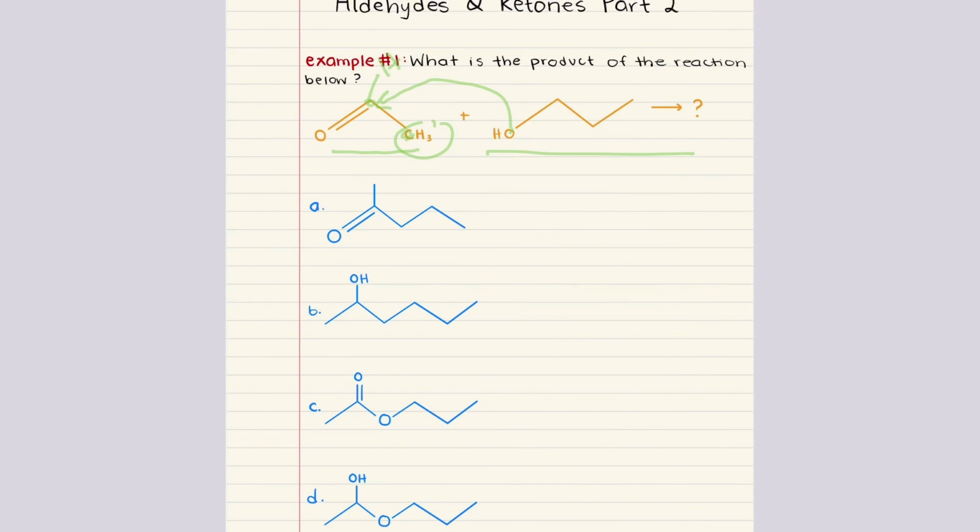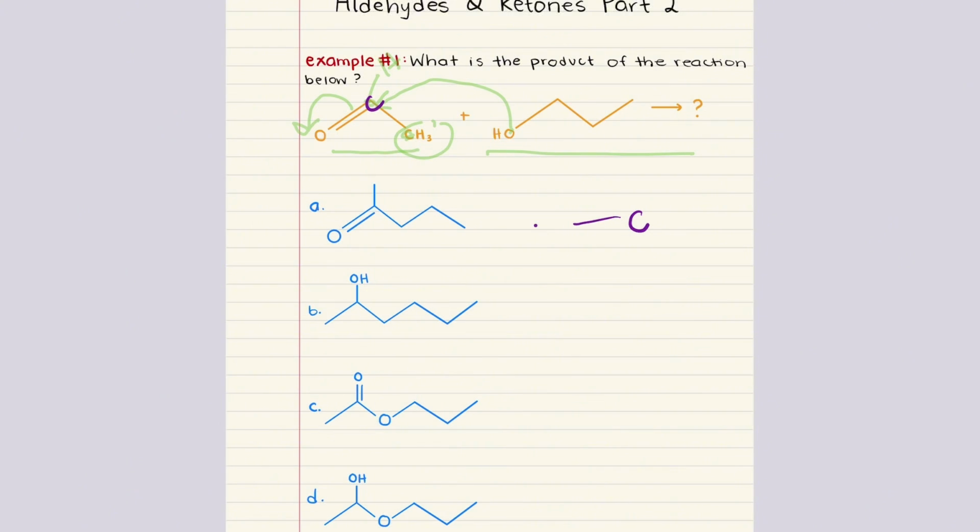This breaks the pi bond of the carbonyl, and the electrons are going to be pushed onto the oxygen. The oxygen from the carbonyl is then protonated, and no groups are lost because hemiacetal formation does not involve a leaving group.